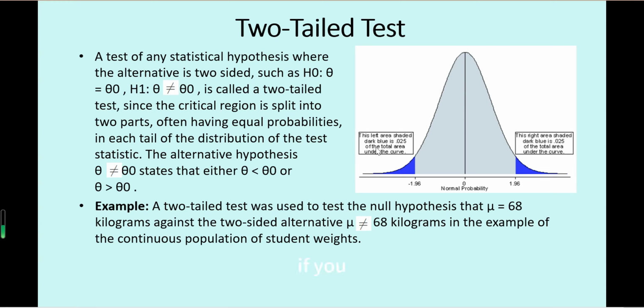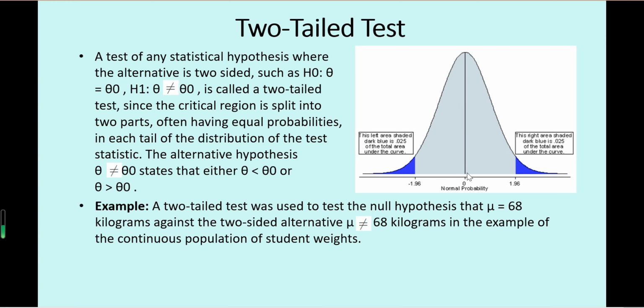If you calculate the test statistic and get, for example, 2.5, the test will be significant, because 2.5 leaves an area to the right of less than 0.025, and you multiply this area by 2 to get a final result of less than 0.05.